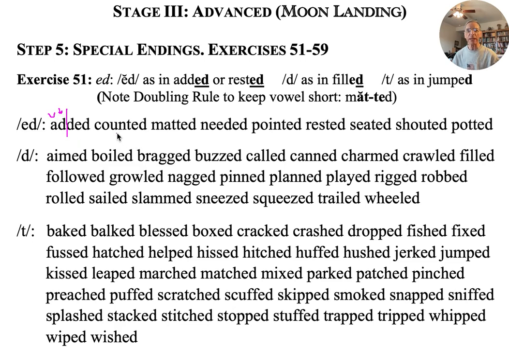Next we have counted, and again, an OU is owl, one of our double letters. Then we have matted. Notice the 2 T's, so it's 2 syllables, matted.